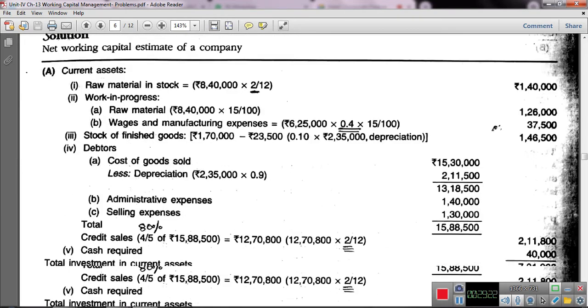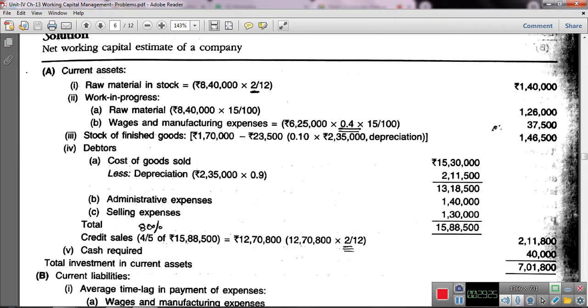So stock of finished goods is 1,70,000 minus 23,500, which is 10% of 2,35,000 depreciation. So we deduct depreciation in the estimation of the amount required to invest in stock of finished goods.